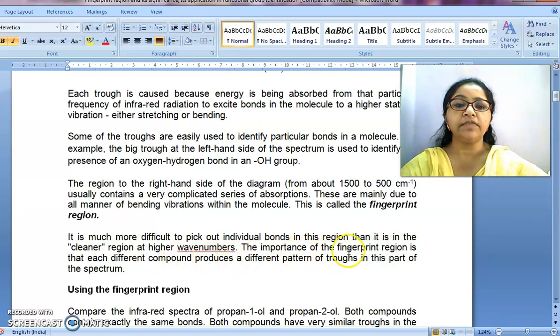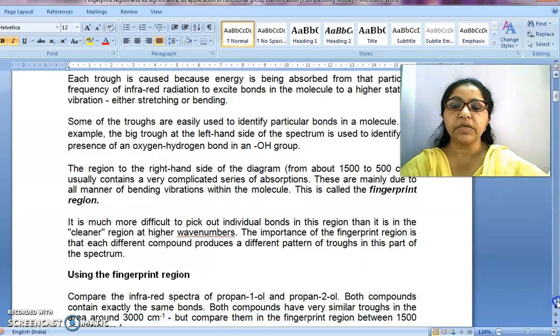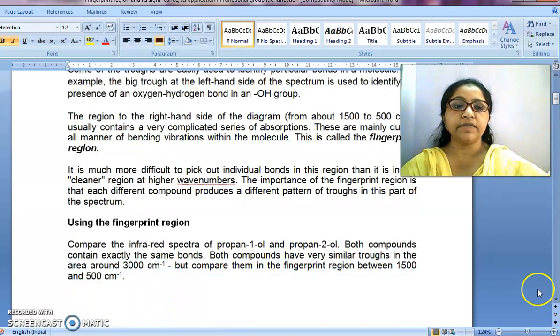The importance of the fingerprint region is that each different compound produces a different pattern of troughs in this part of the spectrum. So it is just like a human being's fingerprint. This fingerprint region is unique for a particular molecule, and it will be quite different from another molecule which looks much similar.